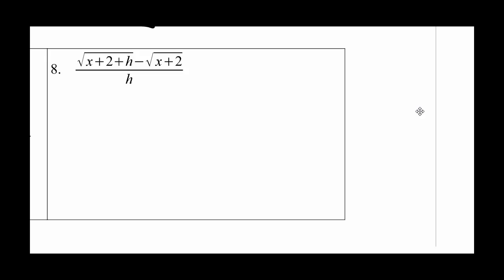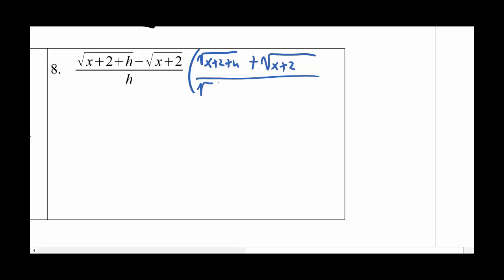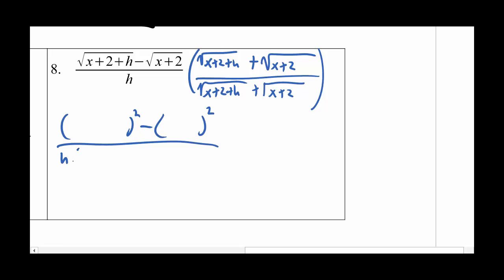Okay, number 8, exact same trick as 7. We're going to multiply by the conjugate of the numerator. So x plus 2 plus h plus x plus 2. Okay, and so our difference of two squares pattern shows up in the numerator this time. And we just have this nice, lovely, drawn out denominator.